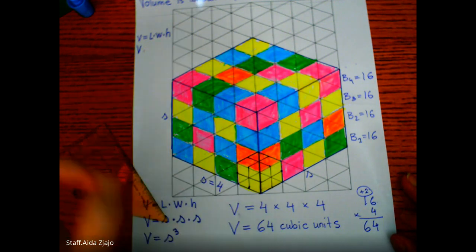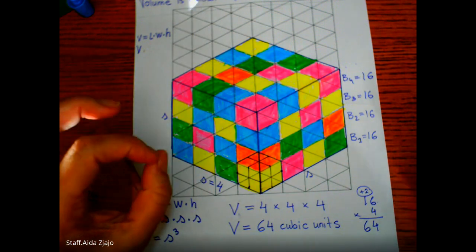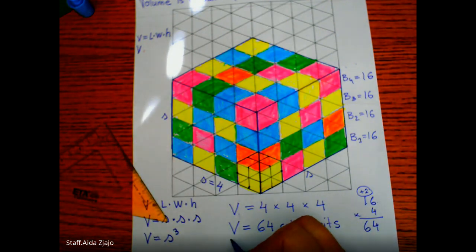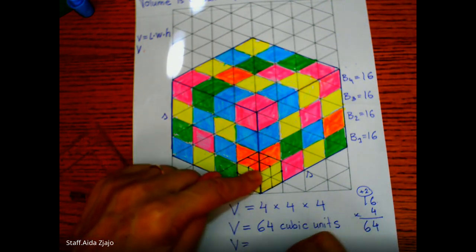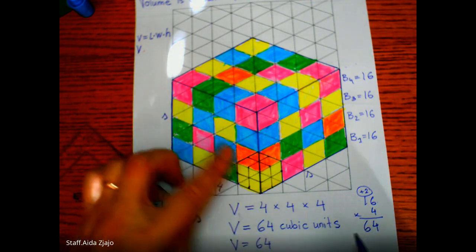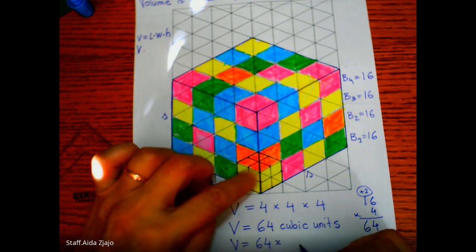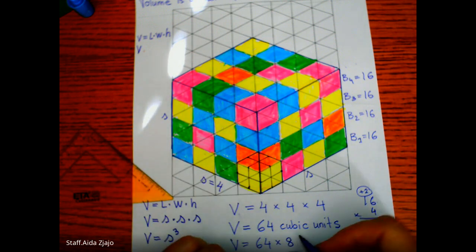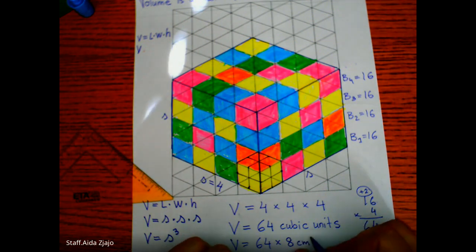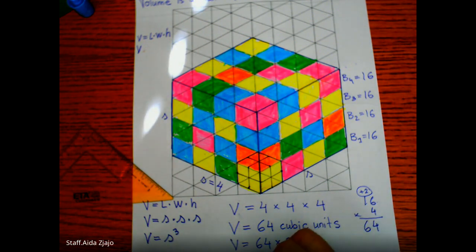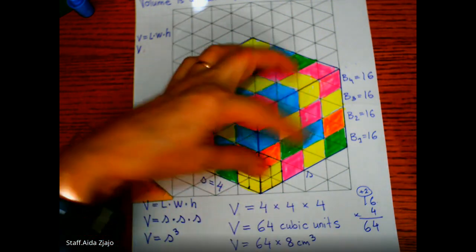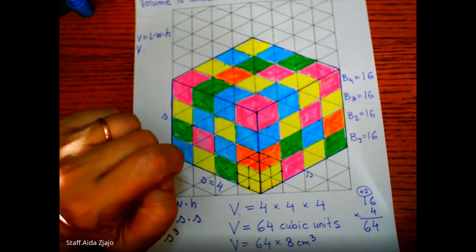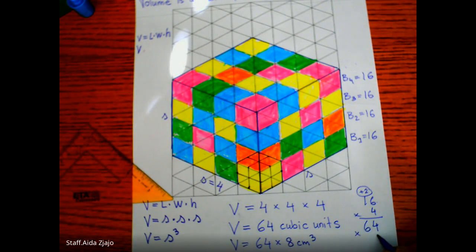So if I want 1 centimeter cubes in all this shape, I need to multiply this volume by 8, because I have 64 cubes of this size, and each will fit 8 one-centimeter cubes. So I need to multiply by 8.